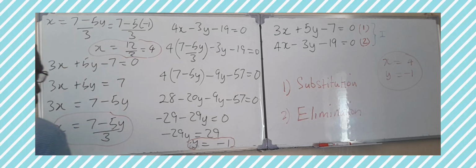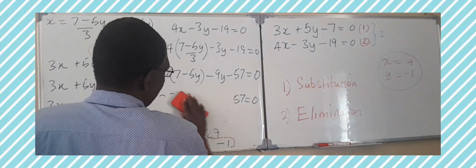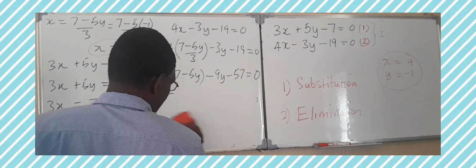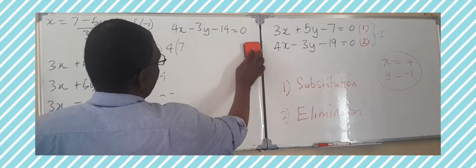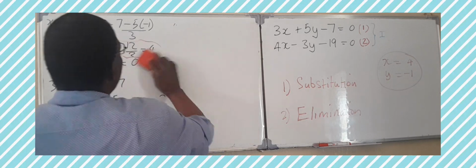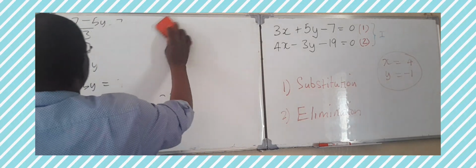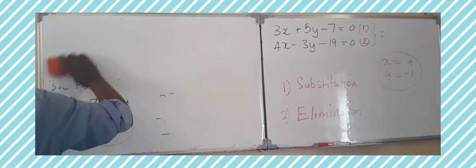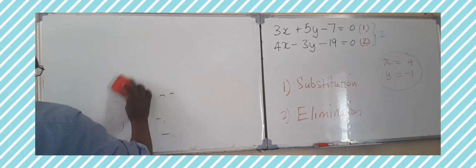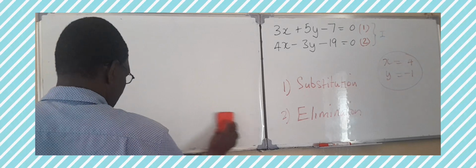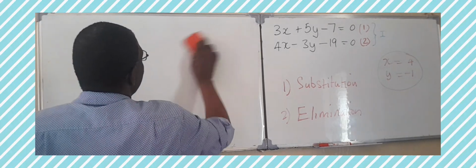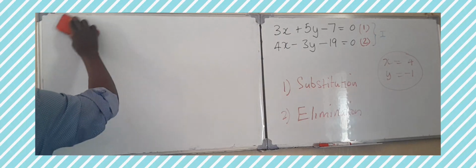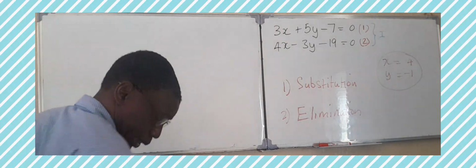Okay, so let's see what the method of elimination is going to give us. Let's clear all this. We are surely done with it. Method of elimination. The idea is still the same. You want to create a single equation in one variable out of two equations.